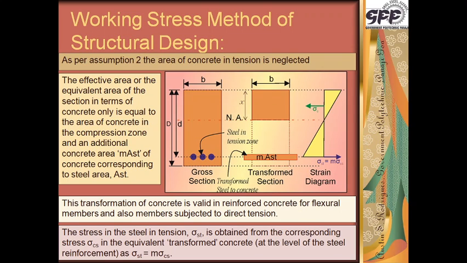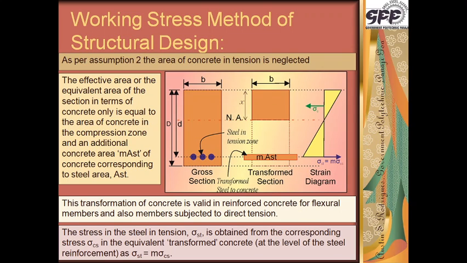Now, the effective or equivalent area of the section in terms of concrete only is equal to the area of concrete in the compression zone and an additional concrete area m into AST, corresponding to steel area AST, as I have just explained.